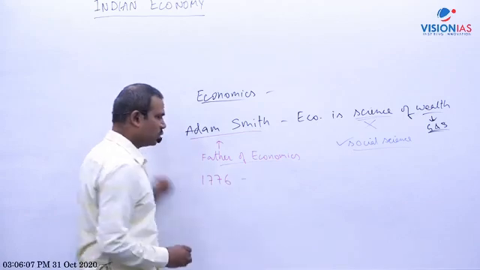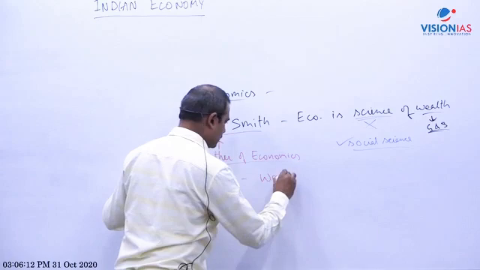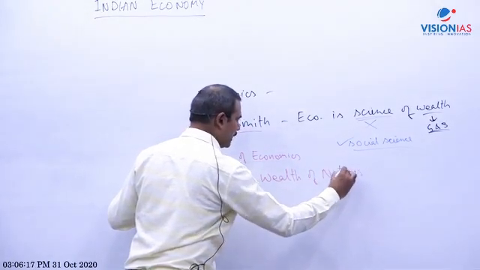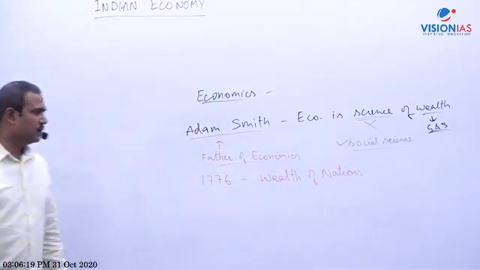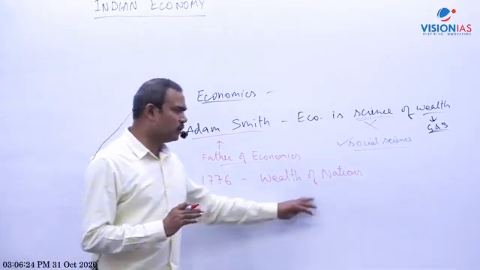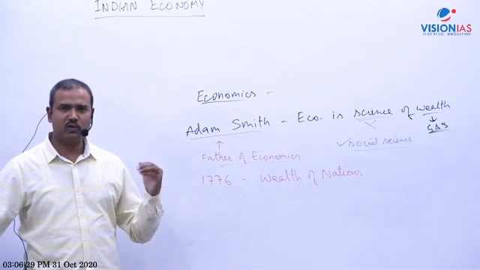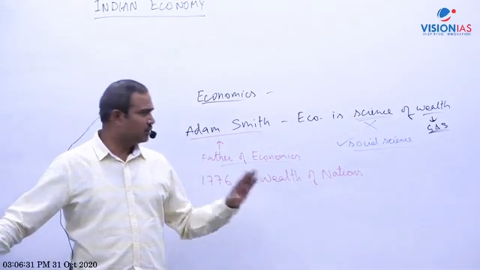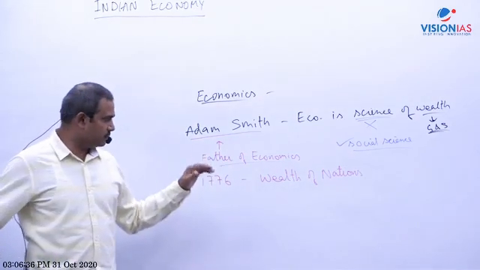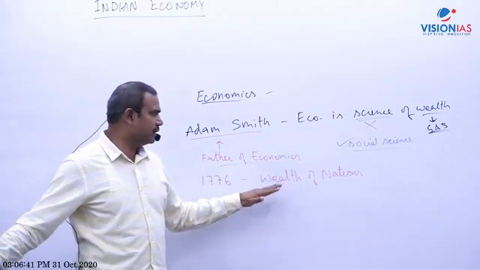He wrote a book, Wealth of Nations. The full name was too long: An Inquiry into the Nature and the Causes of the Wealth of Nations, but it is usually called Wealth of Nations.